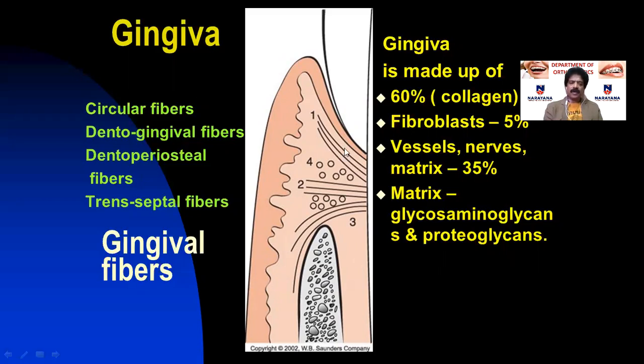After you put the retainers, or before placing your retainers, after orthodontic treatment and before debonding your fixed orthodontic appliances, you need to excise those fibers. So the fibers will reorganize in the new position.